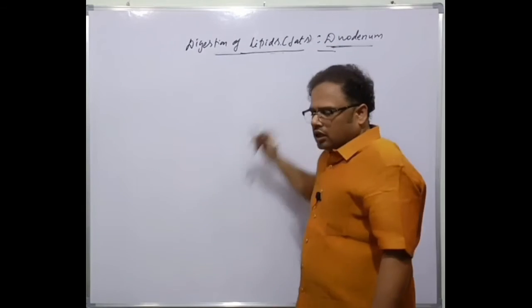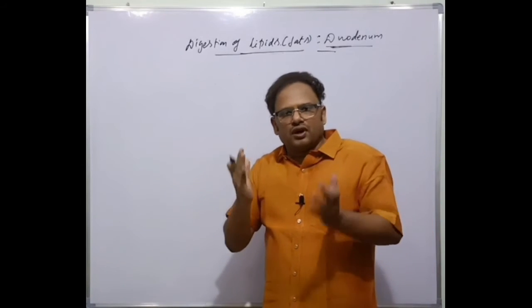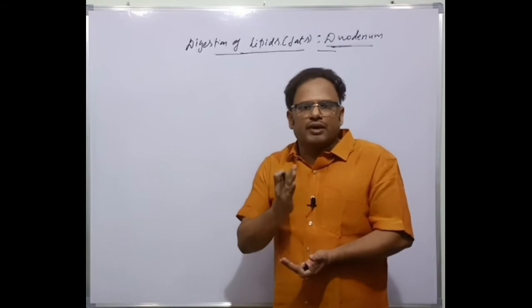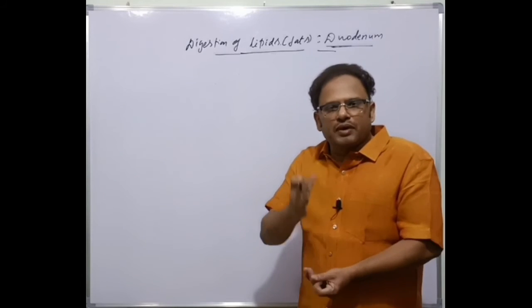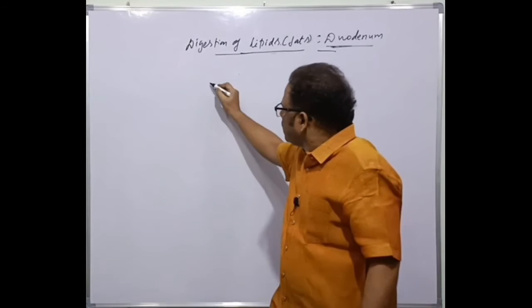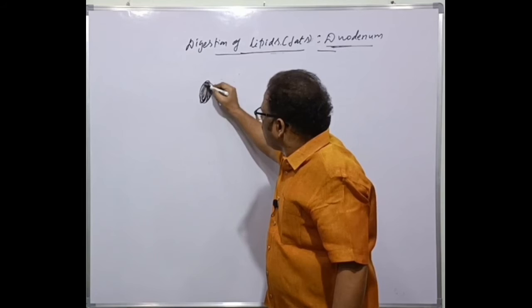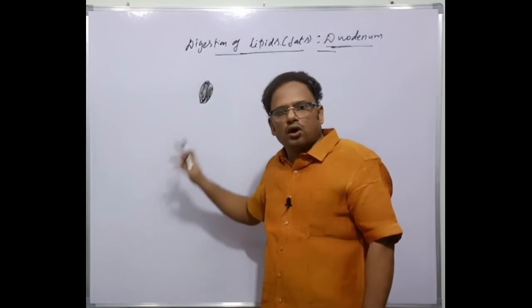See here, the lipid molecule is very large. It cannot be directly broken down by enzymatic action. Hence, it must first be cut down into smaller pieces. For example, this is a larger fat molecule. It is water insoluble.